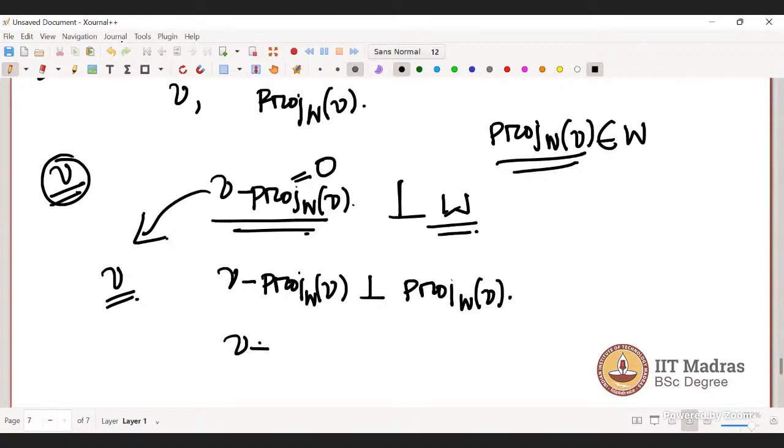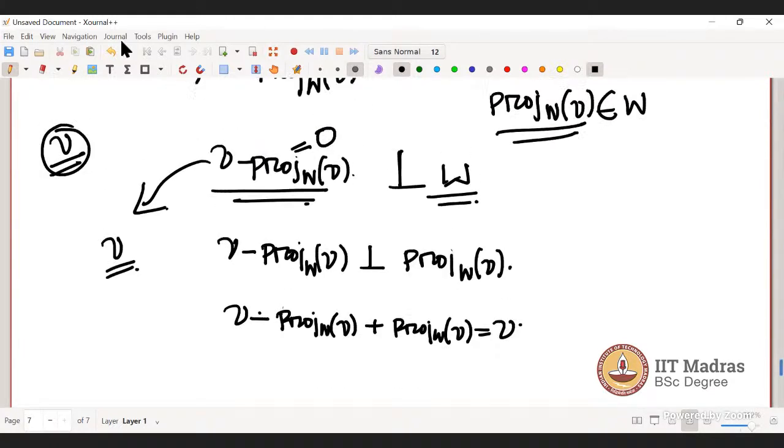Yes, that is true. In the triangle that sir has drawn, the perpendicular is v minus projection of v. I'm just talking about the diagram. Okay, got it.